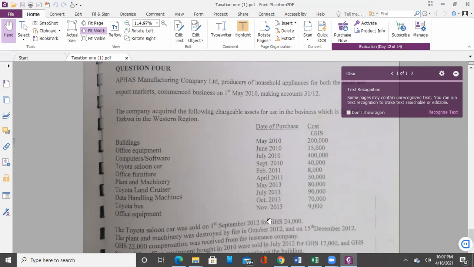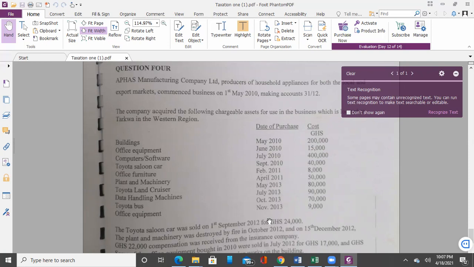Afas Manufacturing Company Limited produces household appliances for both the local and export markets. In some books, you can see for both the domestic and international markets, or for both the local and foreign markets.